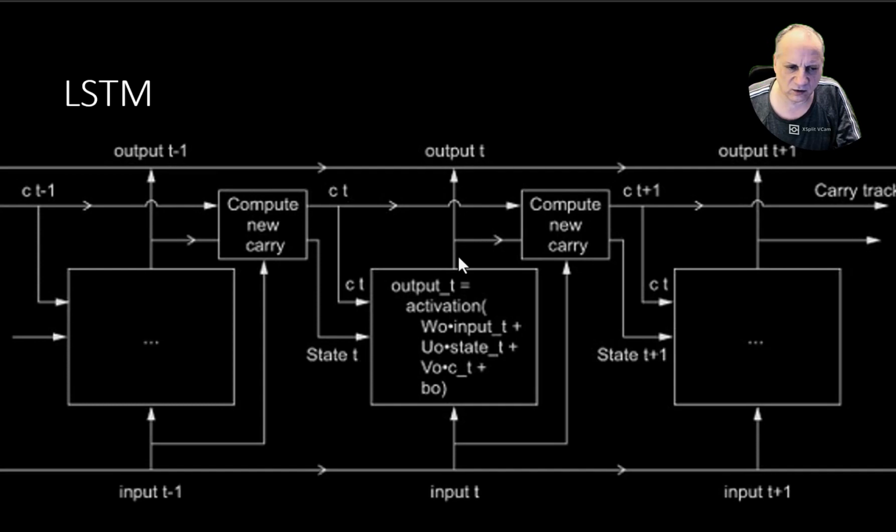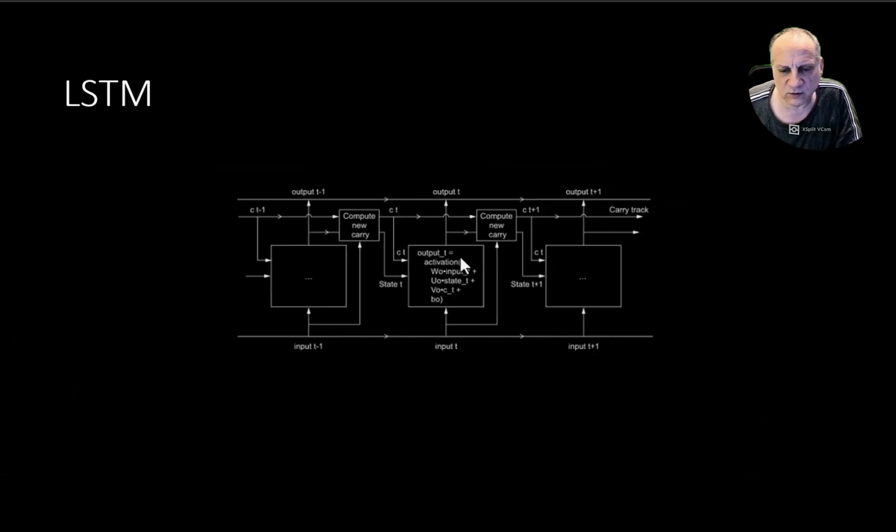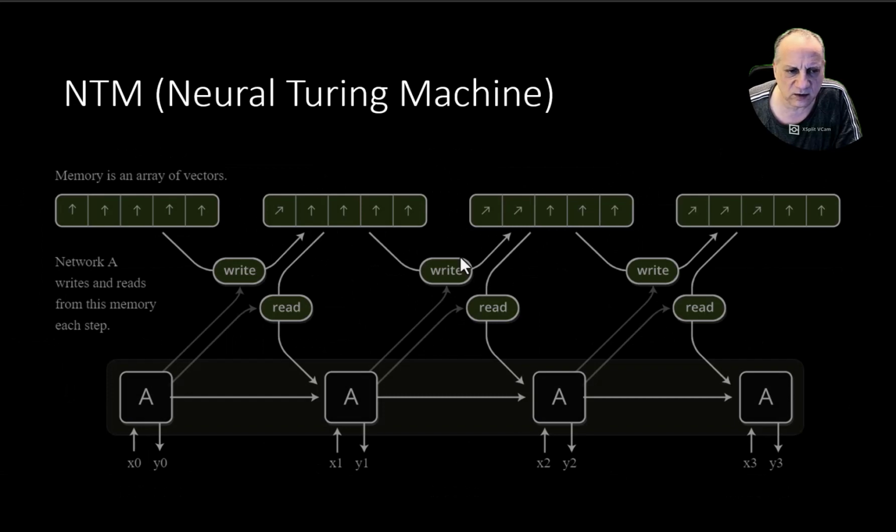So it could conceivably remember a bunch of tokens or some version of tokens. It's not literally looking at tokens.